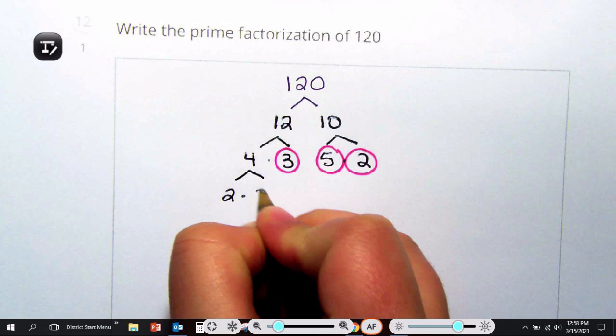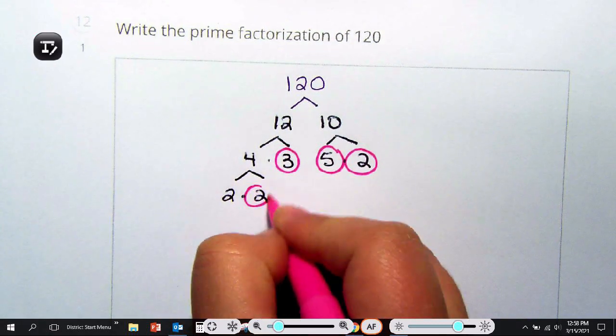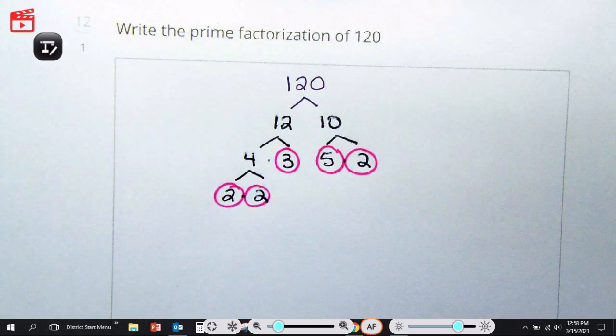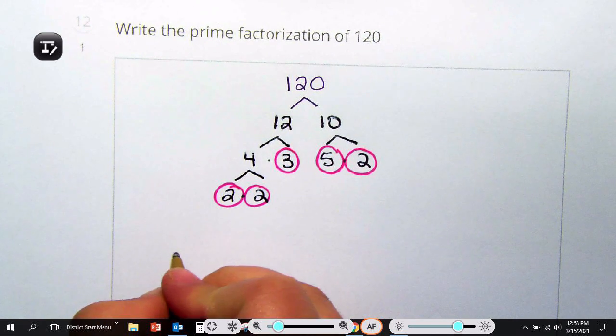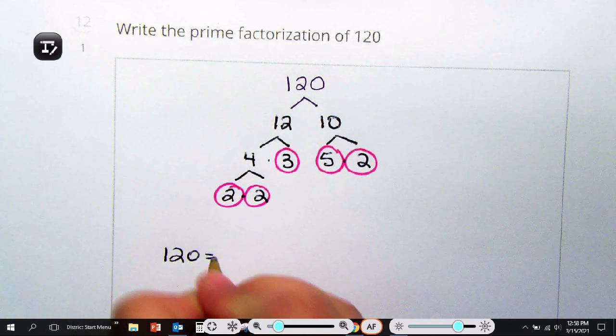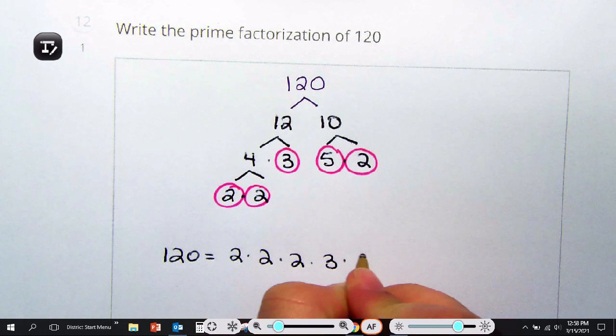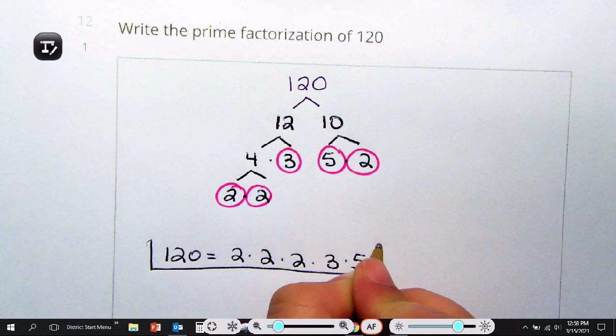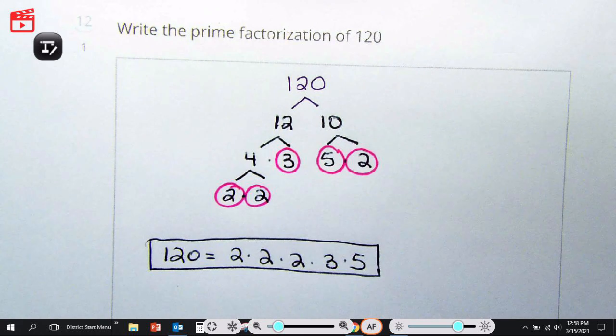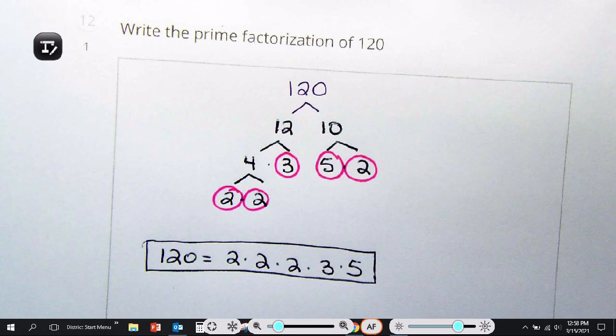So 2 times 2 is 4, 2 is prime, 2 is prime. So what is my prime factorization of 120? You want smallest number to greatest. These are my prime factors of 120.